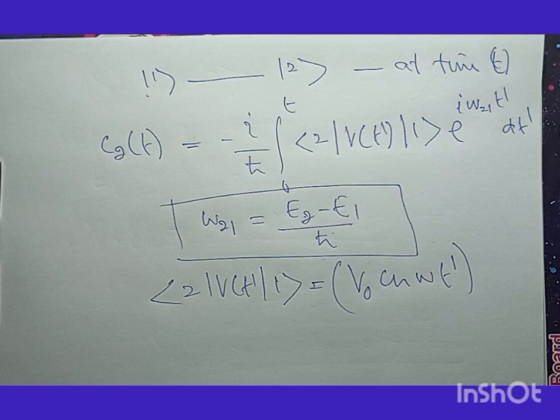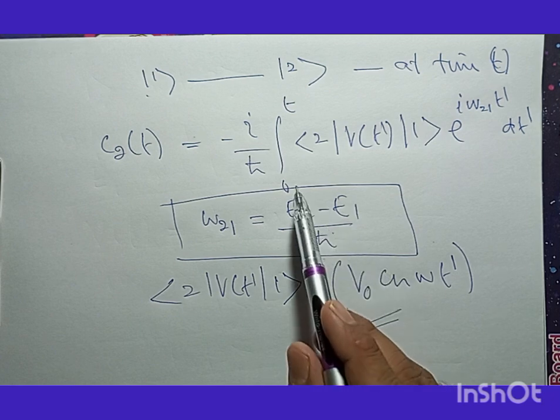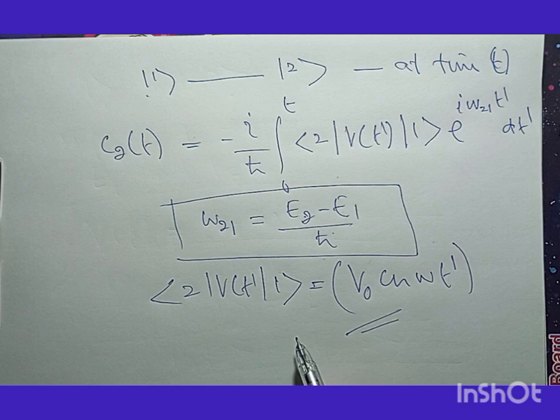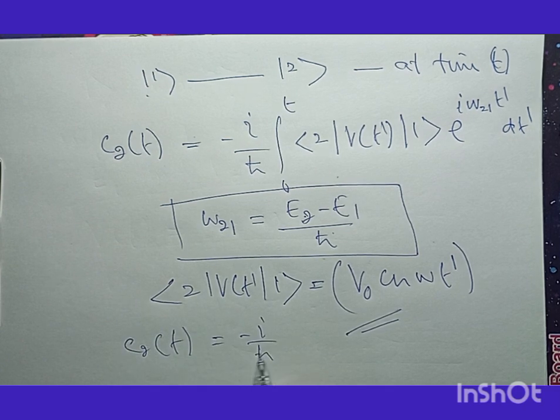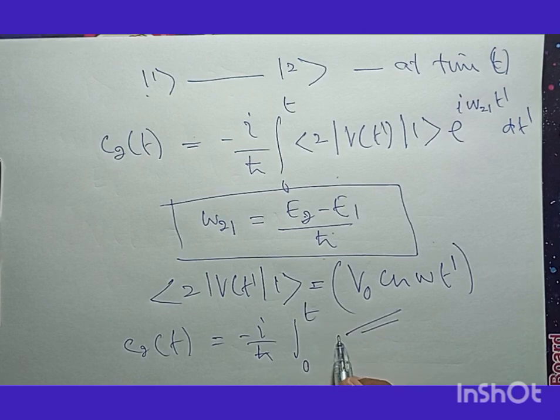So we can use this perturbation term in our integral, and what we get is C2 of t equals minus i by h bar integral 0 to t.